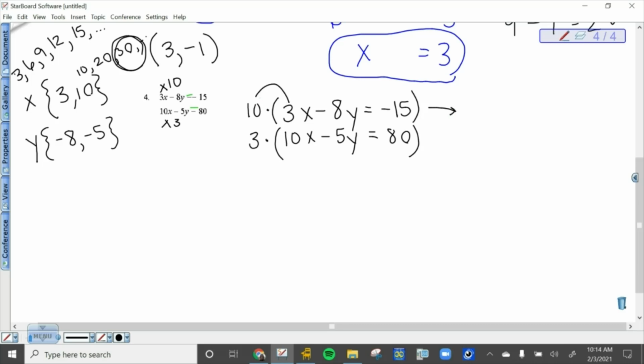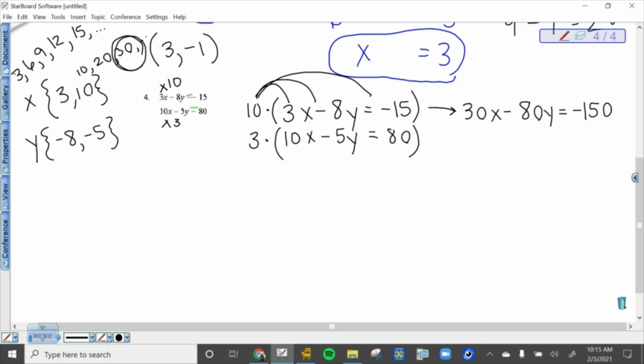Remember, we distribute. 10 times 3x is 30x. 10 times -8y is -80y. 10 times -15 is negative 150.